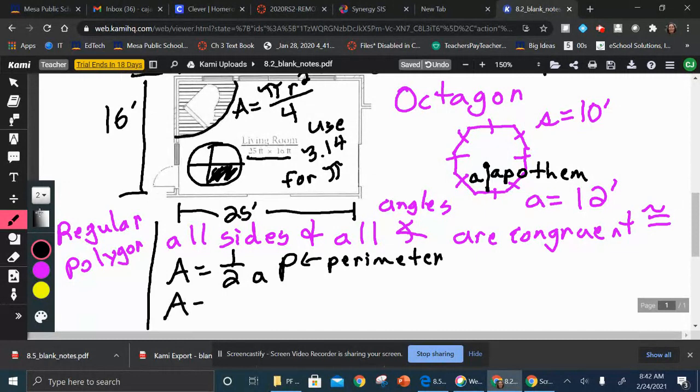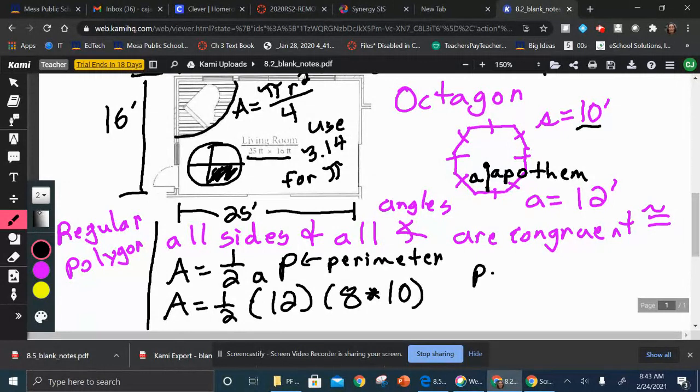So we're going to do A equals 1/2 times 12 times, okay, side length is 8, so it's the number of sides times the side length.